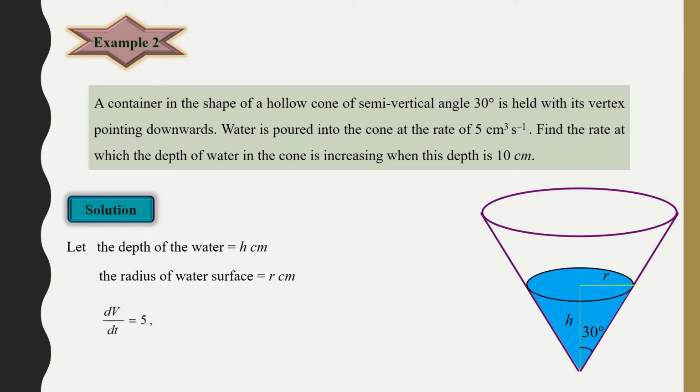The information given in this question is dV/dt = 5. So the rate of volume is positive since the water is poured in, so it is increasing. Then we are going to find the rate of the depth of water in the cone when h = 10, which means we are going to find dh/dt when h = 10.